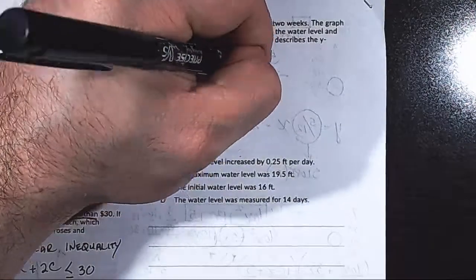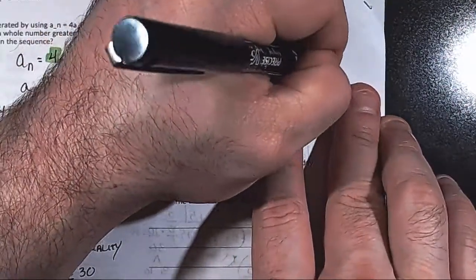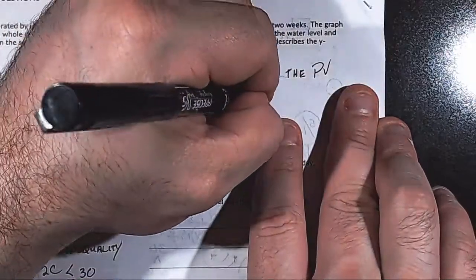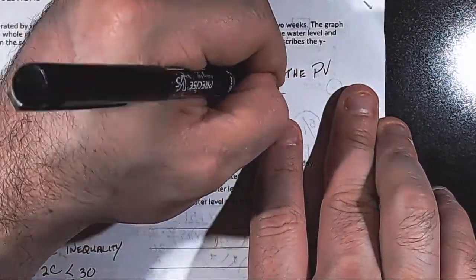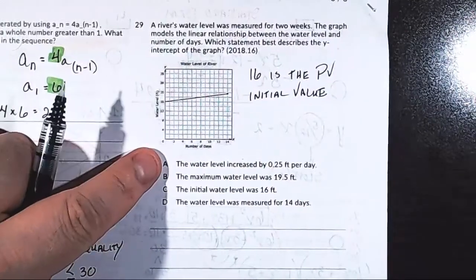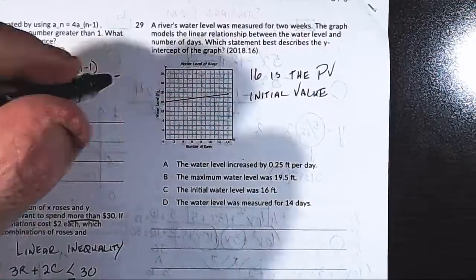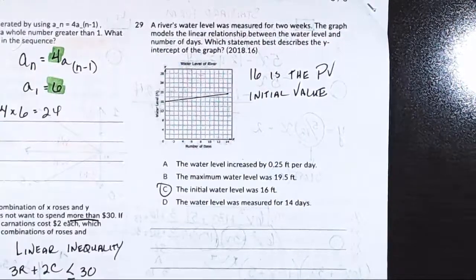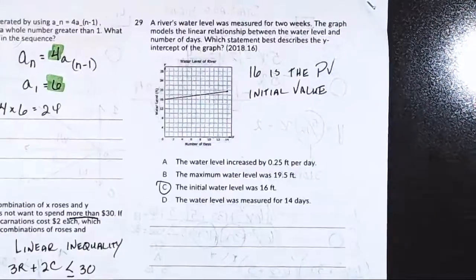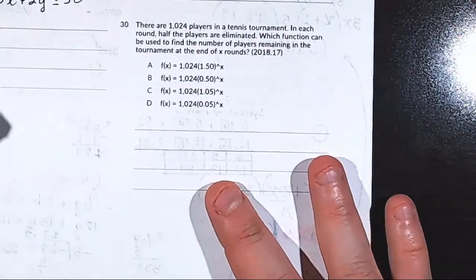So 16 is the present value, or the initial value. Let's see. The initial water level was 16 feet. So there it is. You just circle the one that makes sense because that's what the y-intercept is. Okay, 29 is done.